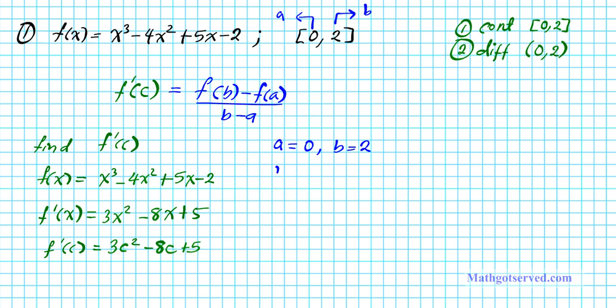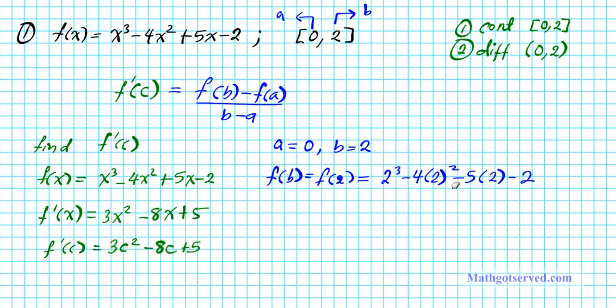All right, so f of b is the same thing as f of 2. So we're going to evaluate the original function at x equals 2. It's as though we were looking for y2. So we're going to have 2 to the third minus 4 times 2 squared plus 5 times 2 minus 2.